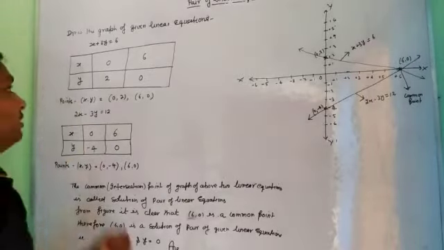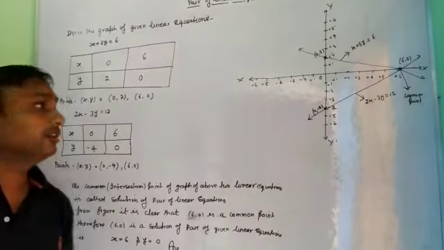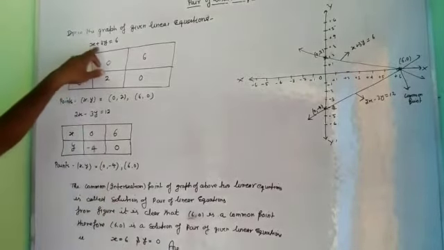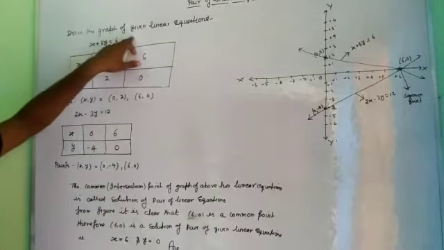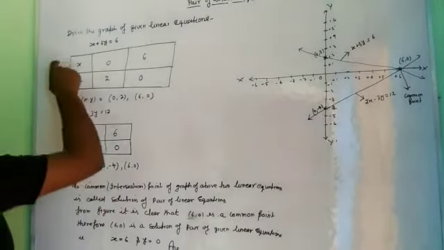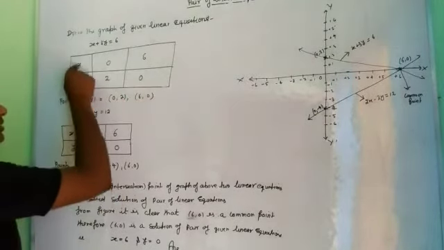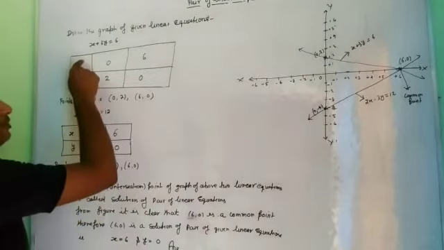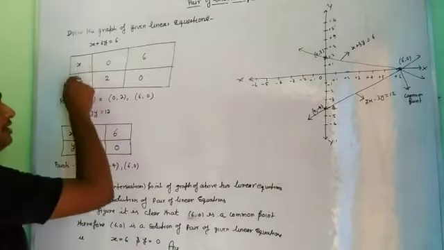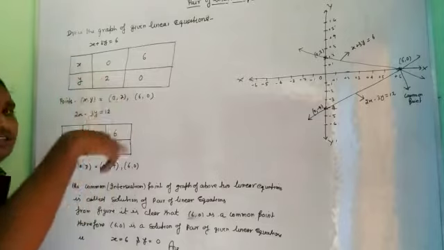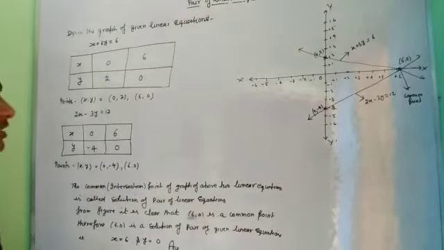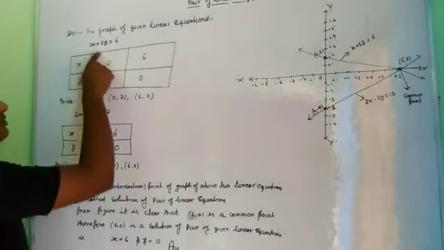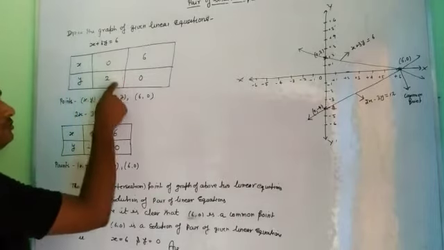First, draw the graph of the given linear equation, that is x plus 3y equal to 6, using a table. Make a table of x and y, put in a value of x or y, and get the other value. So put x equal to 0, we get y equal to 2.